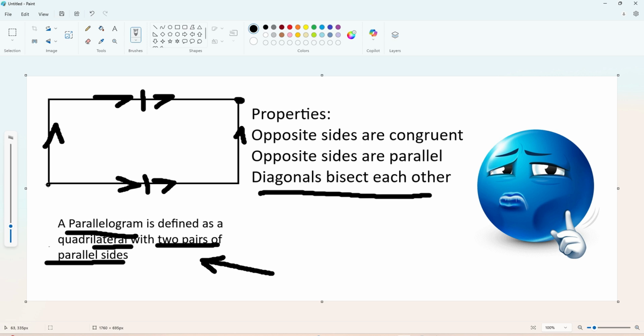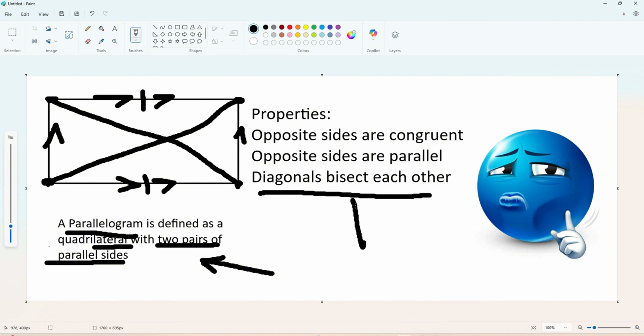Now, a diagonal is a line that connects two opposite vertices, which are these. The diagonals bisect each other, which means that this diagonal right here bisects this diagonal, cutting this one in two equal halves. Likewise, this one right here will cut this one into two equal halves.